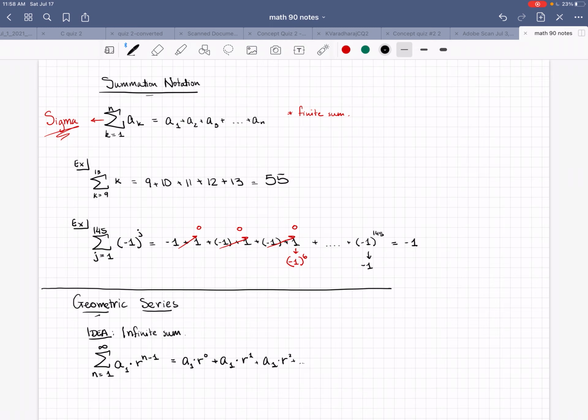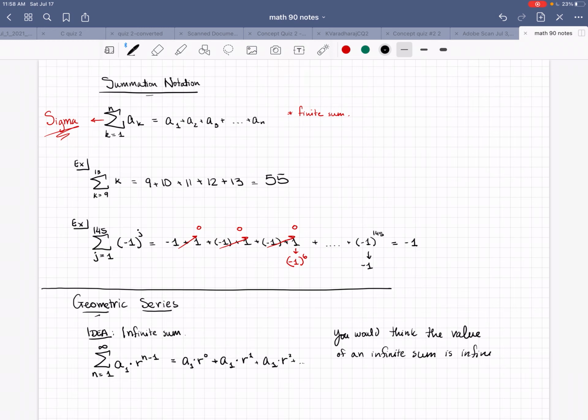You would think that if you are adding together infinitely many numbers, the value of an infinite sum is infinite.